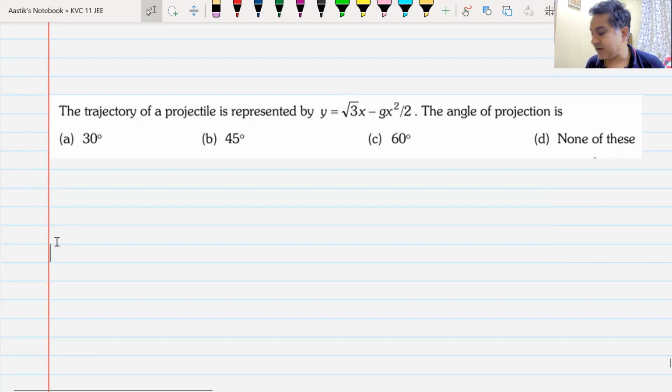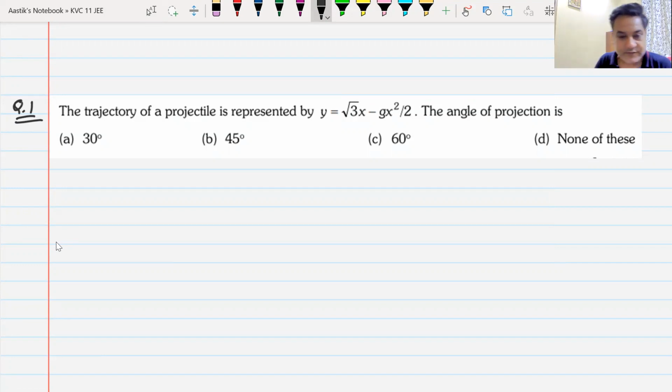The trajectory of a particle is represented by y is equal to root 3 x minus g x square by 2. What is the angle of projection of this particle? At what angle is it projected? I'll give you 1 minute to do this.